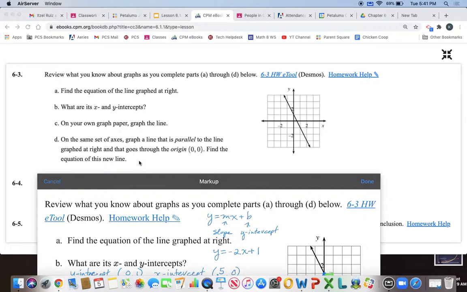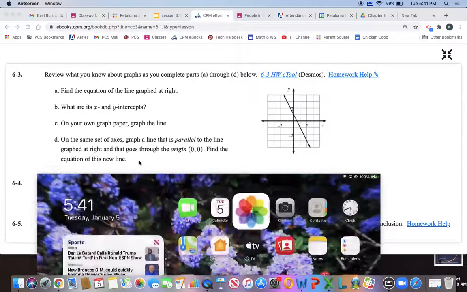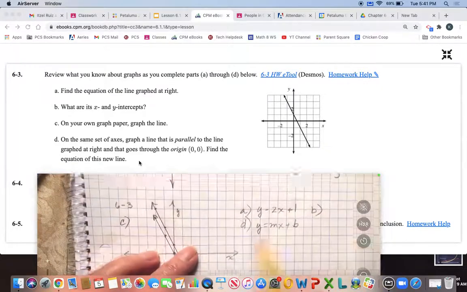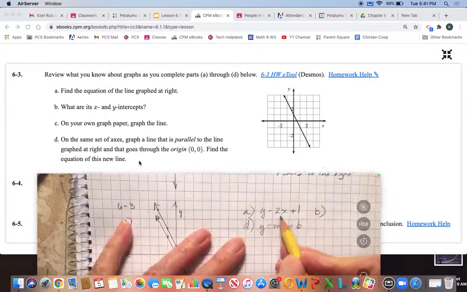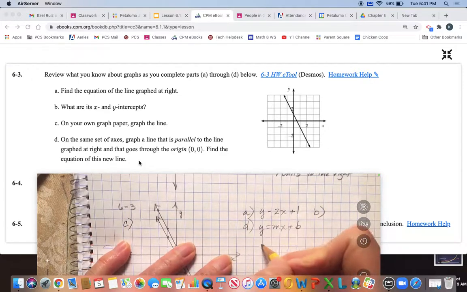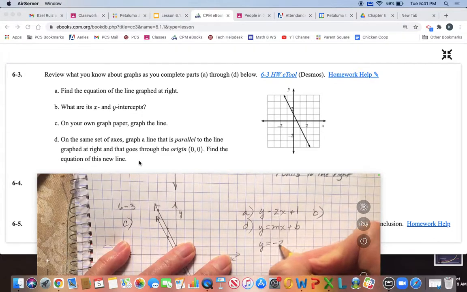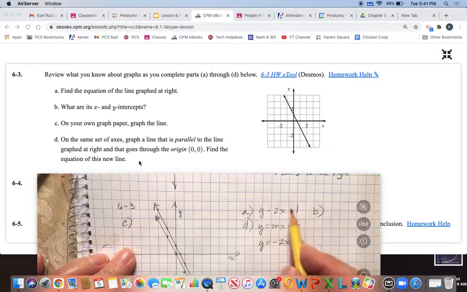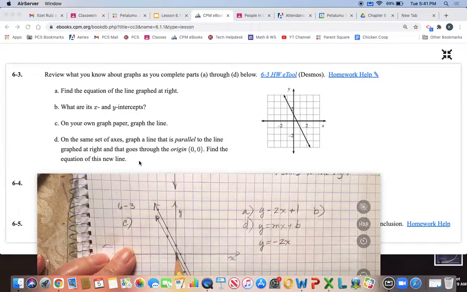And so we know that it has to have the same slope. So because the slope is right there, I know that part has to be the same. So y equals -2x, because it does have the same slope. But the y-intercept is not the same.